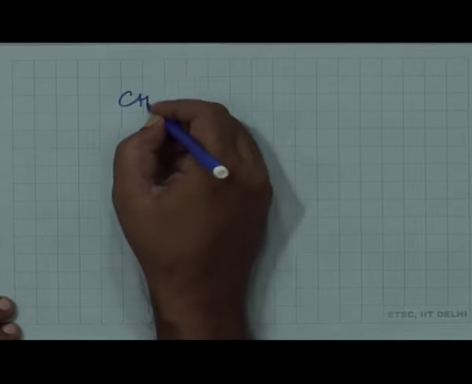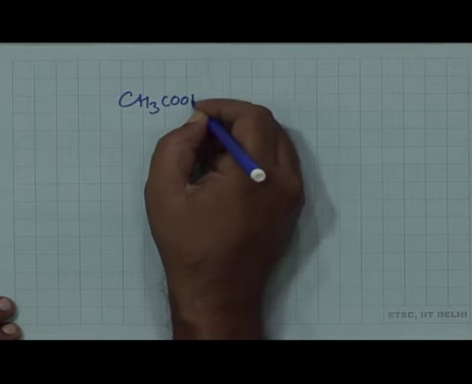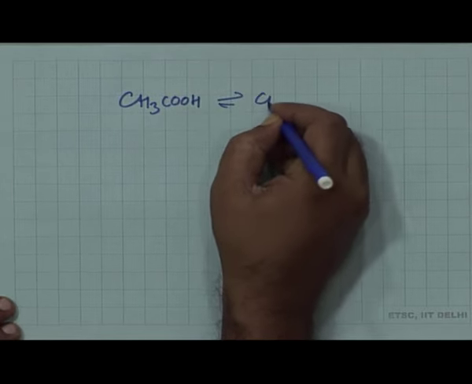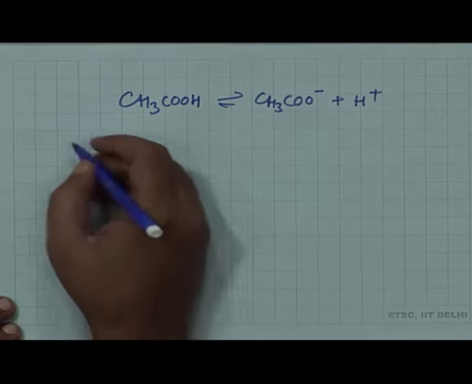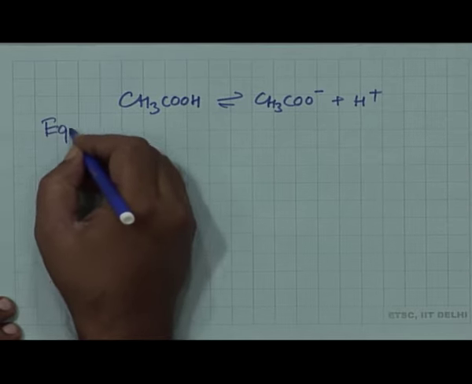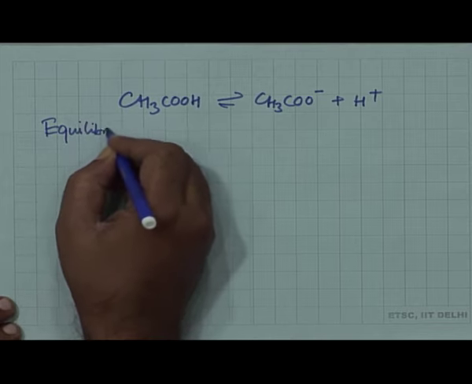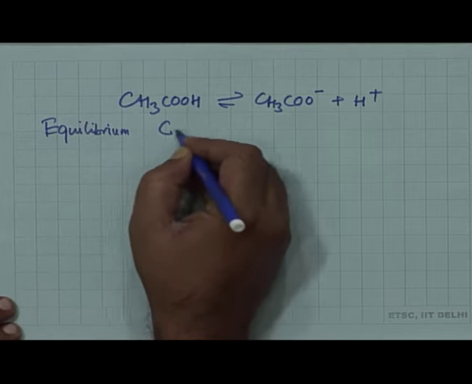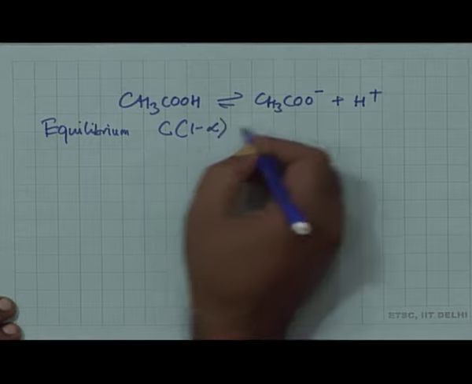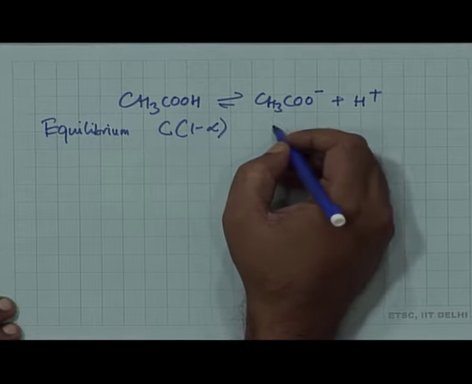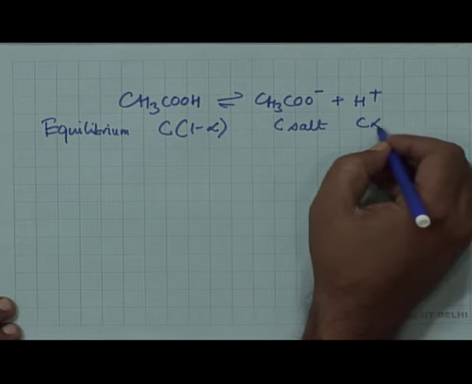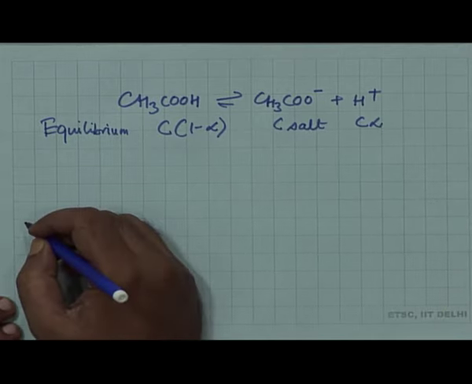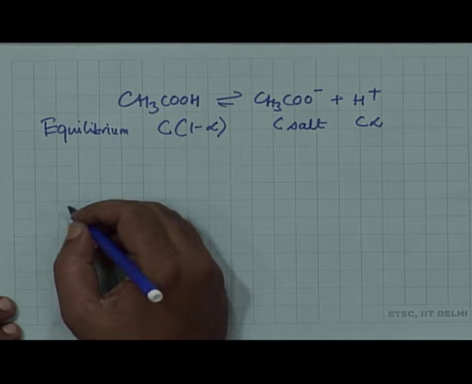So, if we write again CH3COOH giving CH3COO minus plus H plus at equilibrium, we have C into 1 minus alpha, and this is your C salt, and this is C alpha, or the H plus ion concentration.